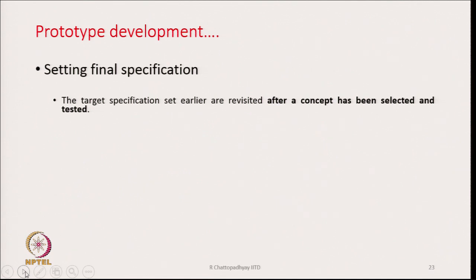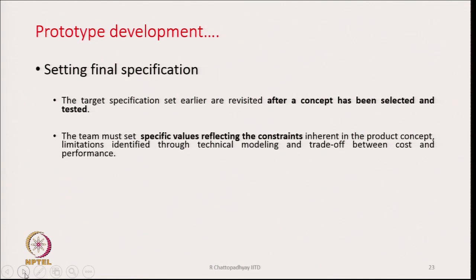Then we set the final specifications: if I use this type of design, these materials, and this fabrication process, these are the values I will get for different performance parameters, and that becomes my final specification of the product. So, the target specifications set earlier are revisited after a concept has been selected and tested. That may be required.